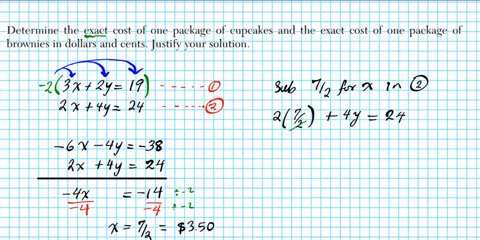The 2's divide out as expected, and we have 7 plus 4y equals 24. So just subtract 7, divide by 4, and you should be done. All right, subtract 7. We have 4y equals positive 17, and then divide both sides by 4.